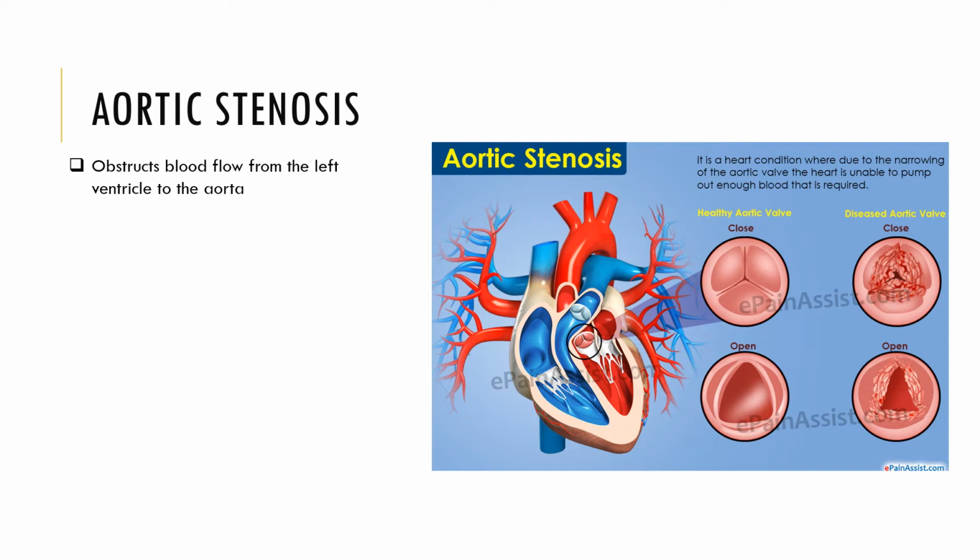If you look over here in this picture, you can see the difference of normal versus abnormal, the healthy versus the diseased valve. So it doesn't close or open all the way like a normal valve would.